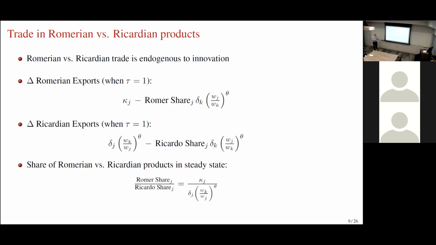It's messier when we do 20 countries, but we'll show you this is going to look pretty good as a predictor of your Romerian and Ricardian shares. And it gets the fact that the US has high wages, that's why most of it's Romerian. Yes, so it sets that. You're going to see the arrival rate's not so bad. It's the relative wages killing it. So then how do we explain why the US is rich? This does something new.